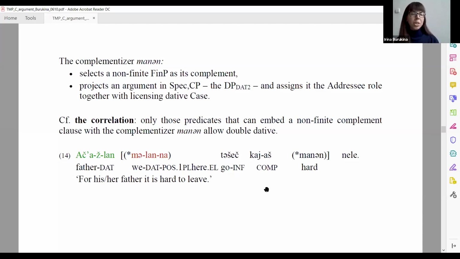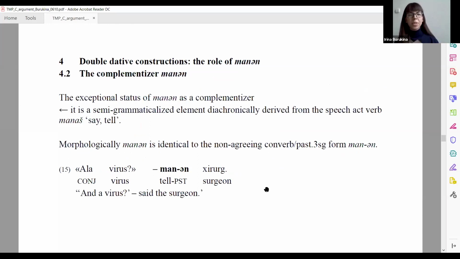And let me now say a couple more words about this complementizer manen. So I suggest that its exceptional status, so why is it such a complementizer that can introduce an argument, can be explained by the fact that manen, in fact, is a semi-grammaticalized element. And it is diachronically derived from the speech-act verb manash, say or tell.